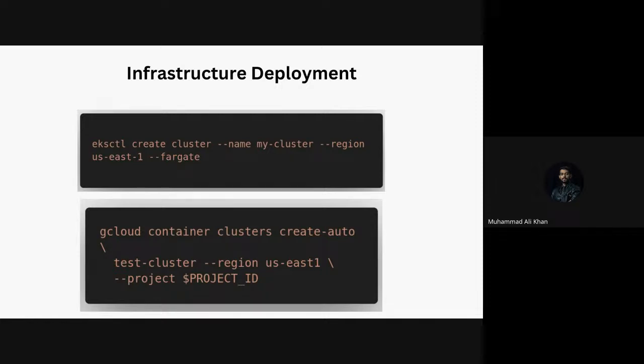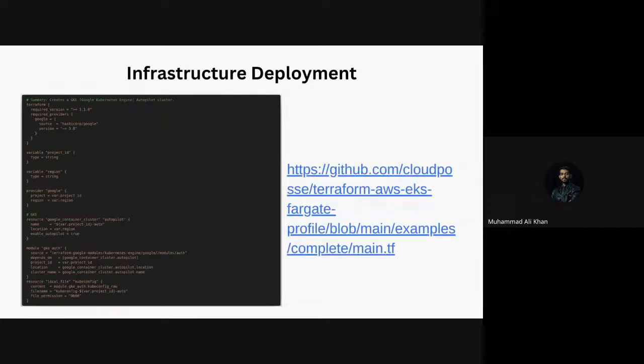But if we are using a Terraform configuration for deploying our GKE Autopilot cluster and EKS Fargate cluster, the main difference is that deploying a GKE Autopilot cluster is fairly simple. You just have to define a resource called google_container_cluster, and enable autopilot equal to true there. The rest of the things like provisioning subnets and VPC are done by GKE Autopilot itself.